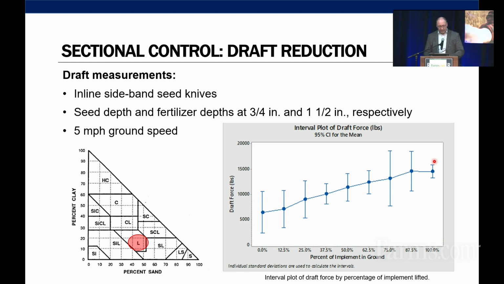Just a little bit of note on how this was implemented and the testing that was done, and the knives and the equipment configuration that was used. A 5 mile per hour ground speed was the overall speed that was targeted, looking at the impact and trying to manage and minimize any kind of overall impact for the operation. Soil type, just want to make a note of that.